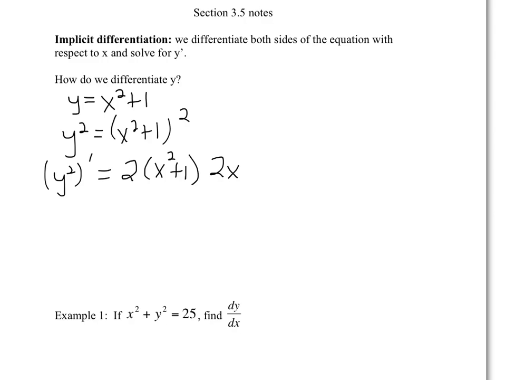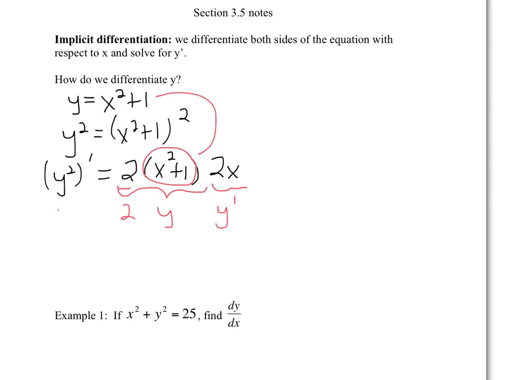I want you to notice what happened. We have a 2 out front, and this part right here is the same as the original y. So we have 2y, and this part right here is the original y's derivative, y prime.